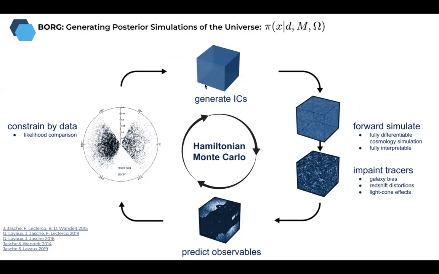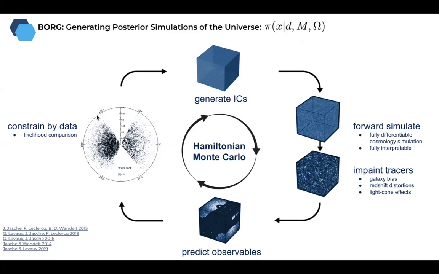The approach works by starting out with initial conditions. These are then forward evaluated through a physics simulator. We have some in-painting of tracers, where galaxy bias, redshift distortions, and light cone effects are accounted for, which then leads to a prediction of an observable. These are then compared to actual observations of data. Mostly we are dealing with galaxy clustering data, but we can also use other data.